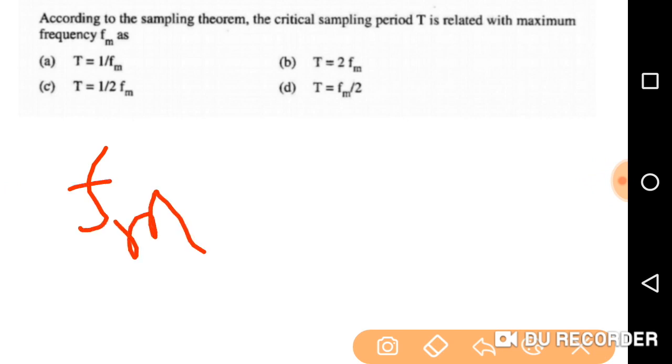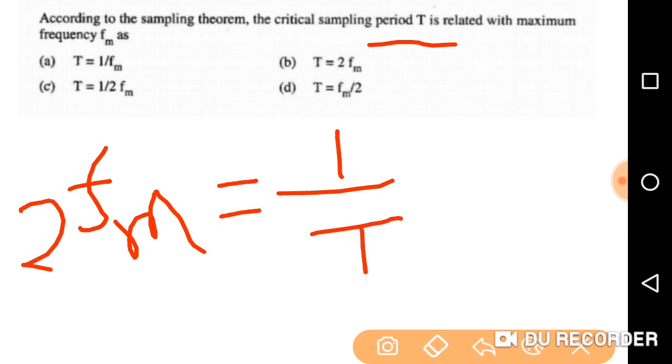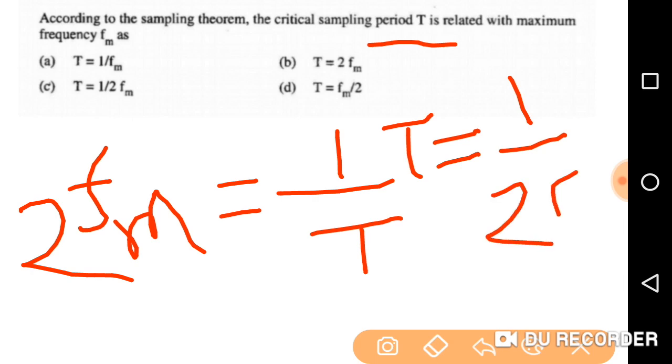The sampling period is given as T here, so the sampling frequency is 1 by T. So this sampling frequency will equal twice the maximum frequency present in the signal. If we manipulate this relation, we will get T equals 1 divided by 2 times fm.